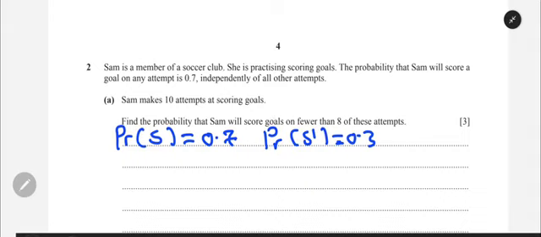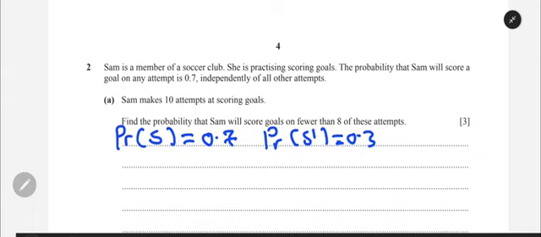at scoring goals. Find the probability that Sam will score goals on fewer than 8 of these attempts. The first thing here is to understand which of the distributions this question is coming from, and of course this is a binomial distribution.